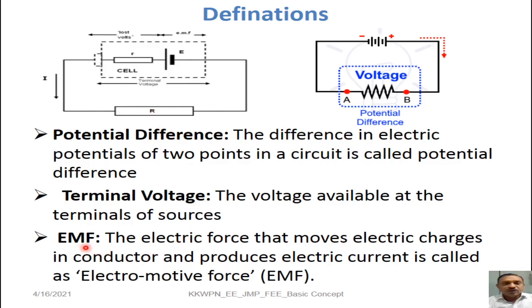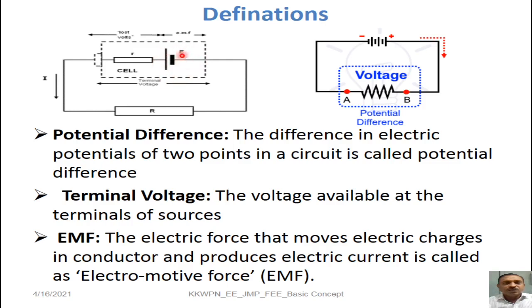The next important definition is the EMF. It can be defined as the electric force that moves electric charges in a conductor and produces electric current, termed as electromotive force. So for this battery, the capital E is shown. These two plates, symbolically positive and negative plates, represent the EMF of this battery.